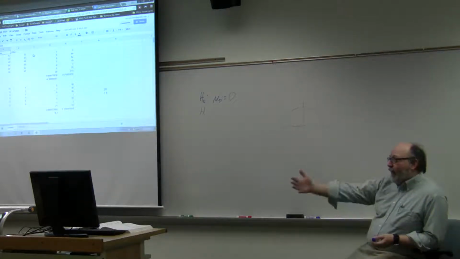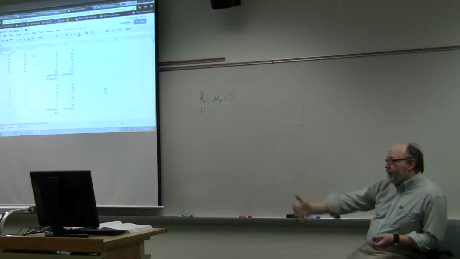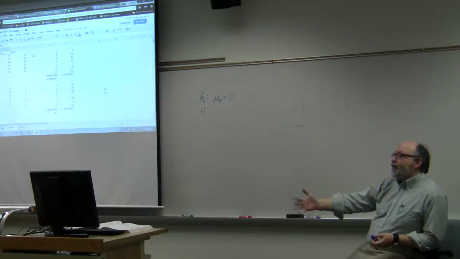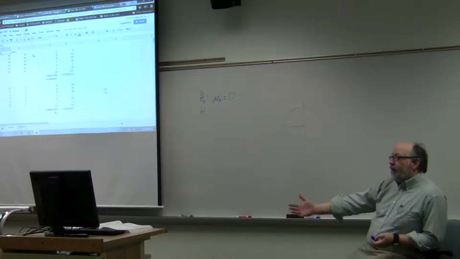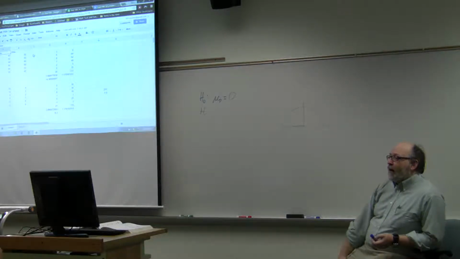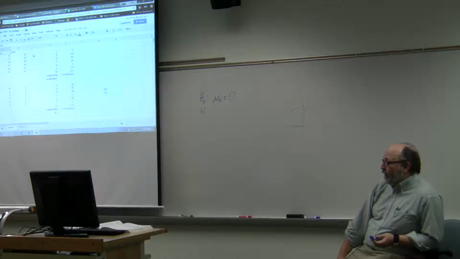And so what we have here then, these differences are giving us how much weight was lost by each dog. So those differences are now the data set that we're going to use. So we need the mean and standard deviation of that data set.